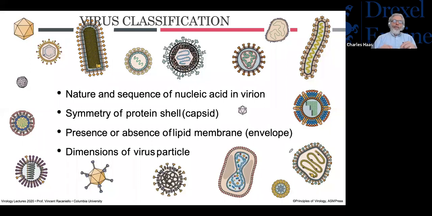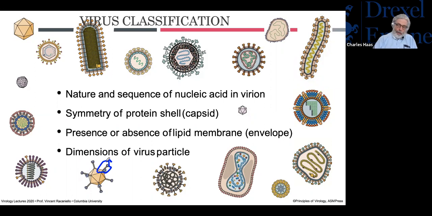We can classify viruses by the type and the sequence of nucleic acid in the virion, by the nature of the protein shell, the capsid, which is the name for the protein shell, whether it's symmetric, asymmetric, what's its shape, does it have particular outcroppings, such as these guys, does it have a lipid membrane or an envelope, and what the size is.